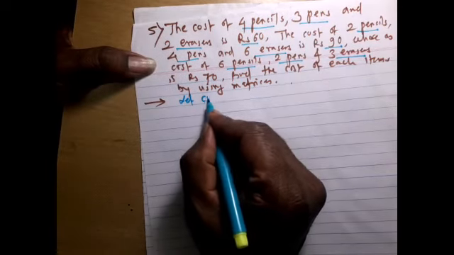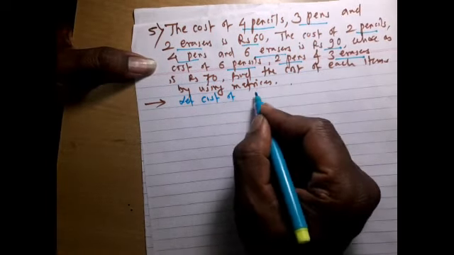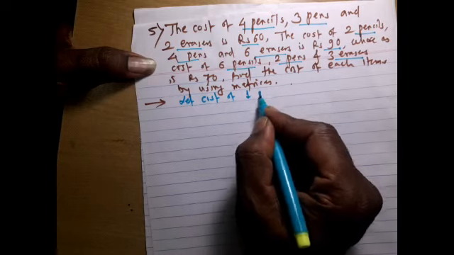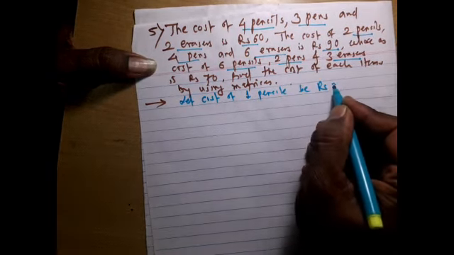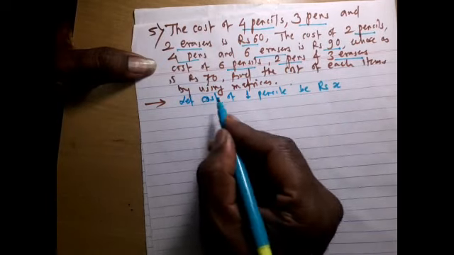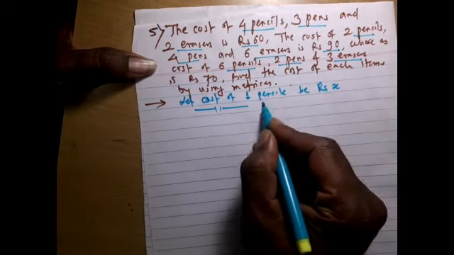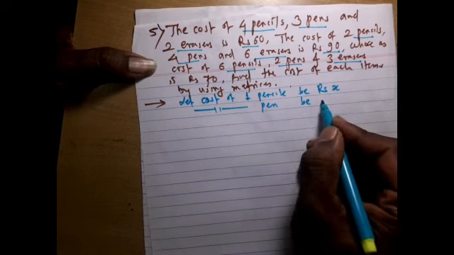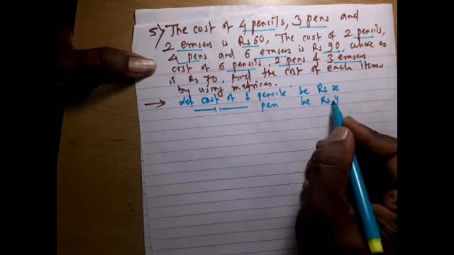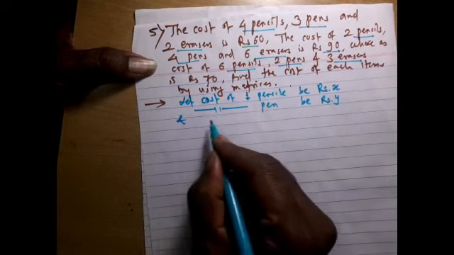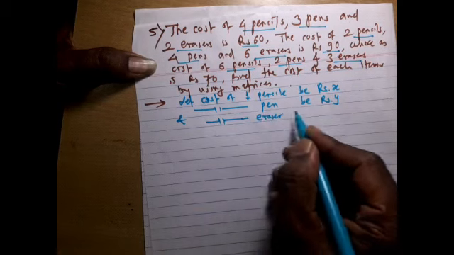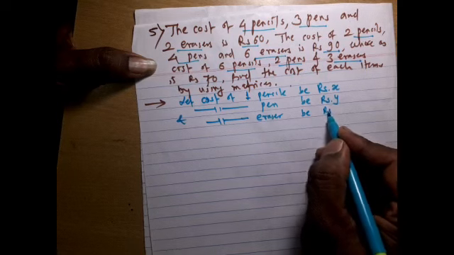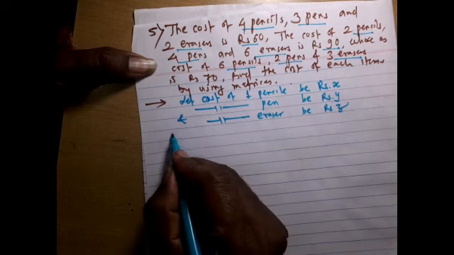Let the cost of 1 pencil be rupees x, the cost of 1 pen be rupees y, and the cost of 1 eraser be rupees z.